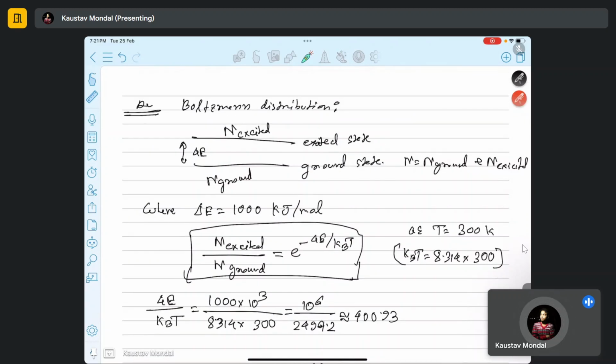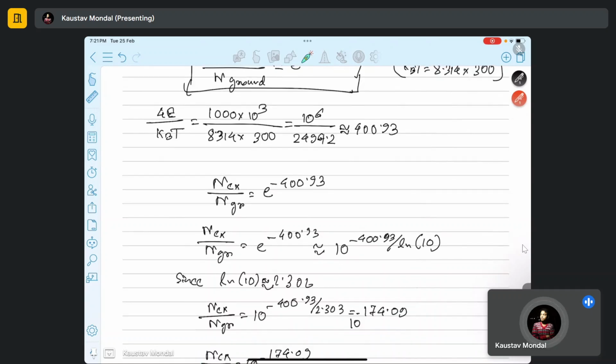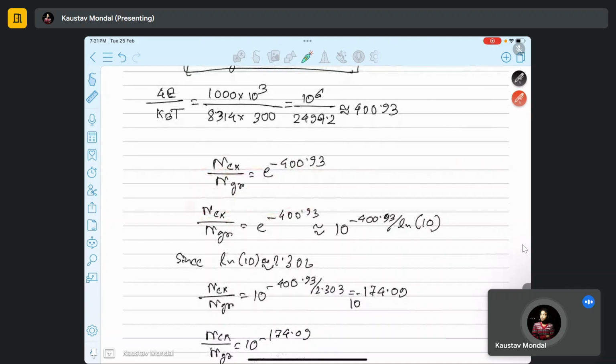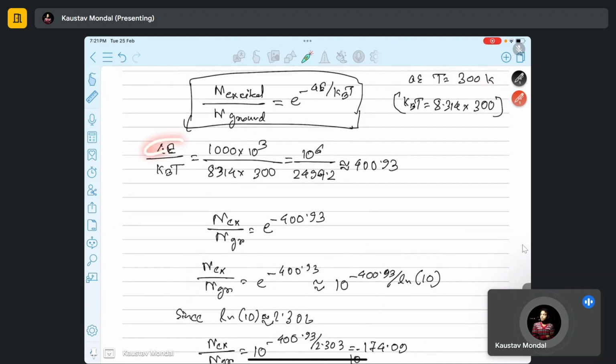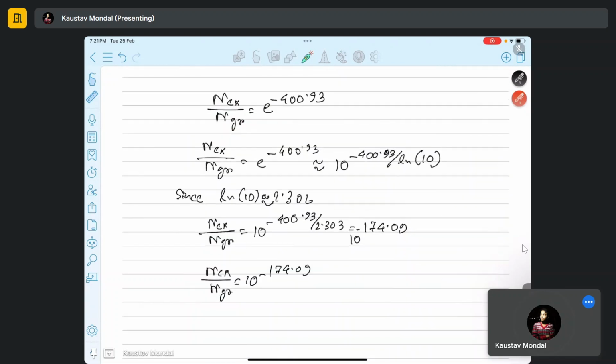We can simply use this Boltzmann distribution to find the number of particles in the excited state compared to the ground state. This is the formula, and if we substitute delta E and kBT, we get the 400.93. So n excited by n ground is e to the power minus 400.93. This is the expression.